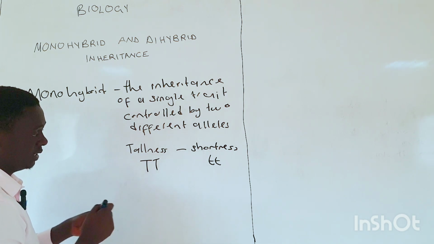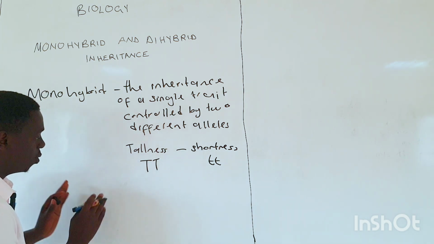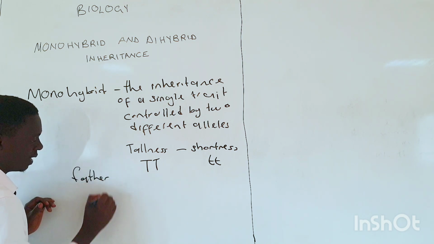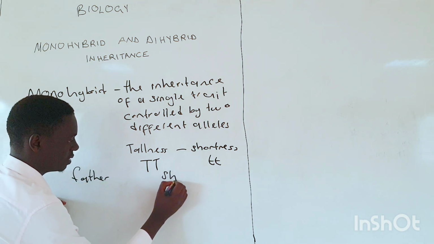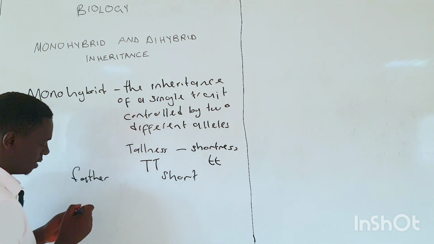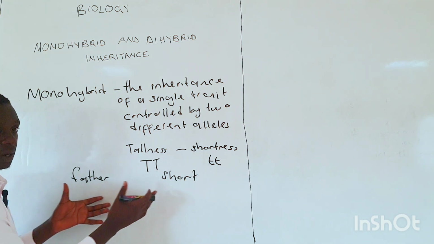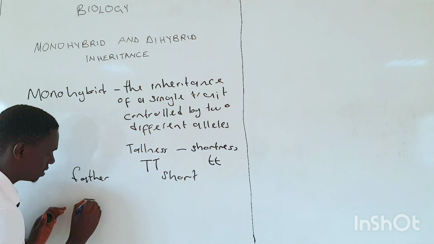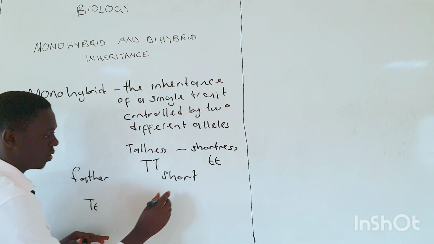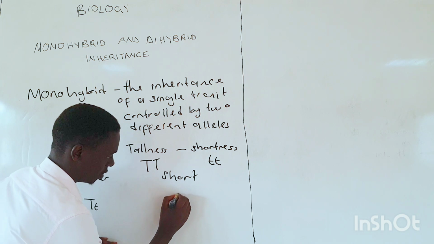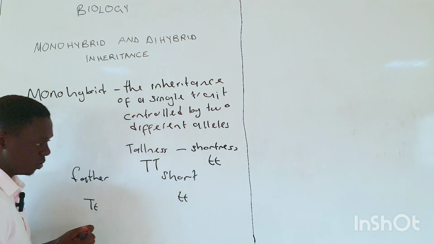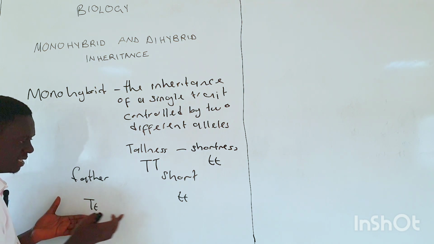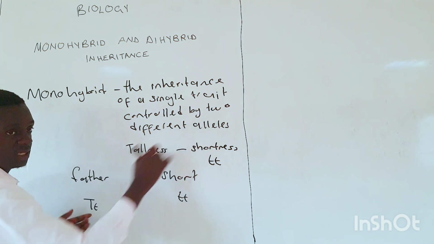And here, in case we have a father who is tall and a mother who is short. Now, if these two mix, in case a father was heterozygous tall and a mother was homozygous short, you can see that we are trying to inherit a single trait, but this trait is controlled by two different alleles.